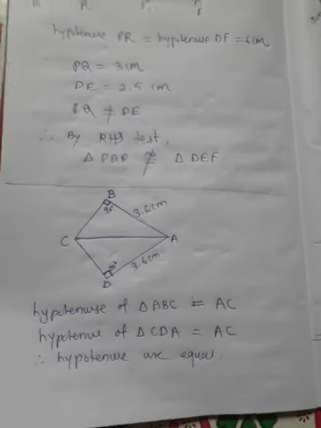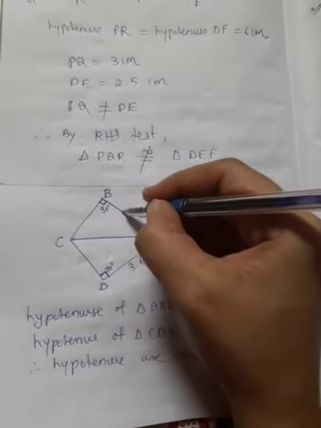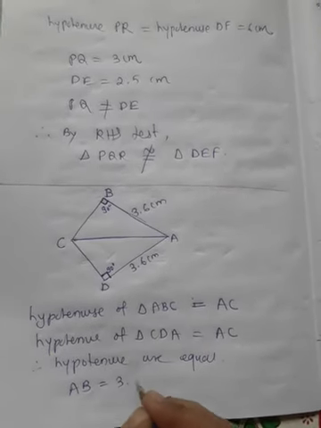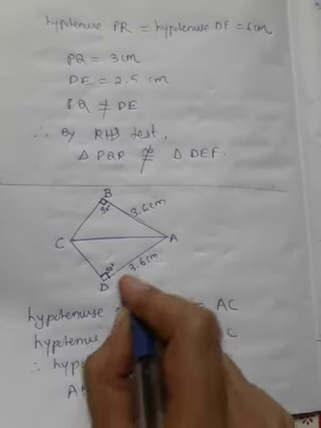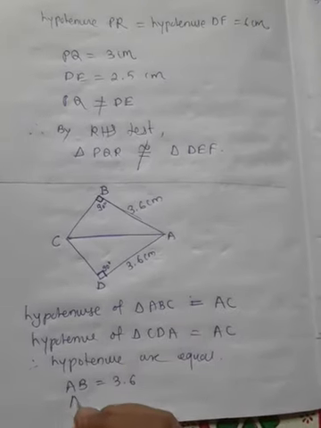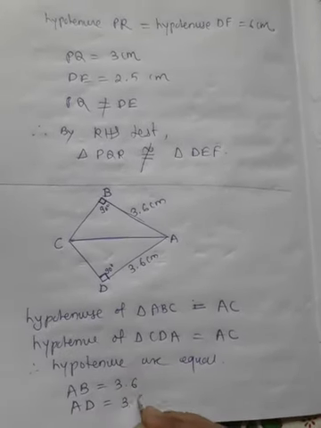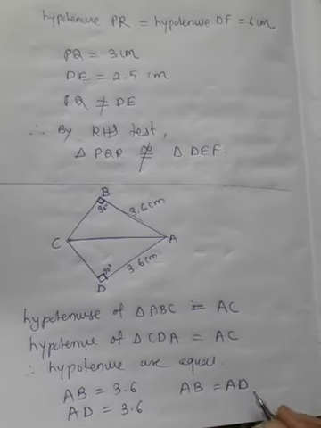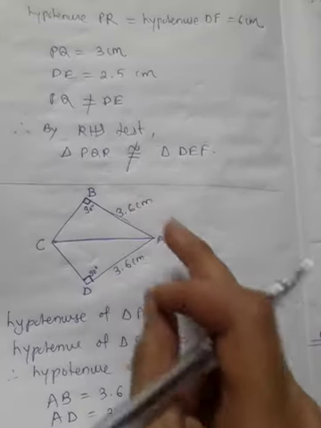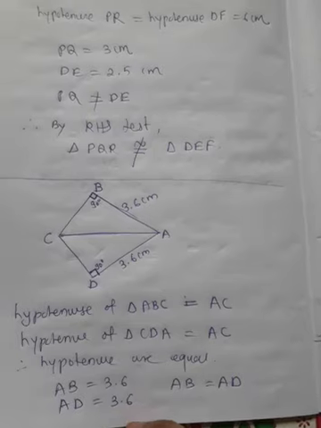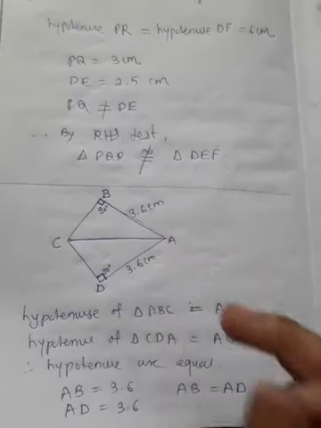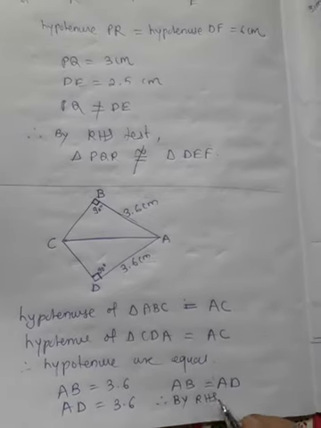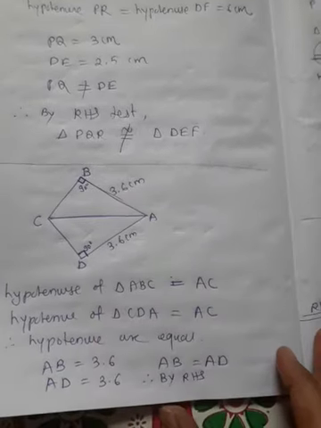Now check one side is equal or not. So one side of this triangle is 3.6 centimeter and one side of other right angle triangle is also 3.6 centimeter. So they are equal. AB is equal to AD. So here hypotenuse and one side of these two right angle triangles are equal. Therefore by RHS test these two right angle triangles are congruent.